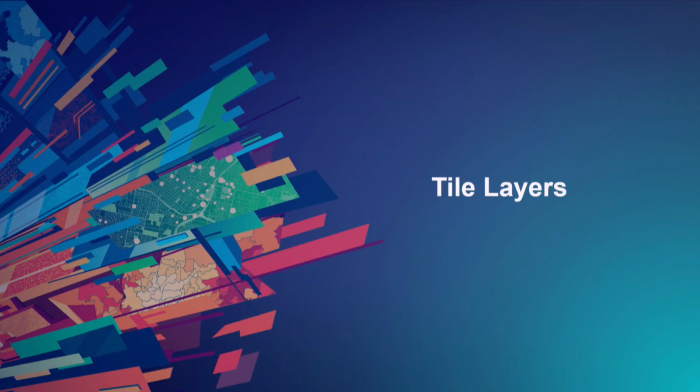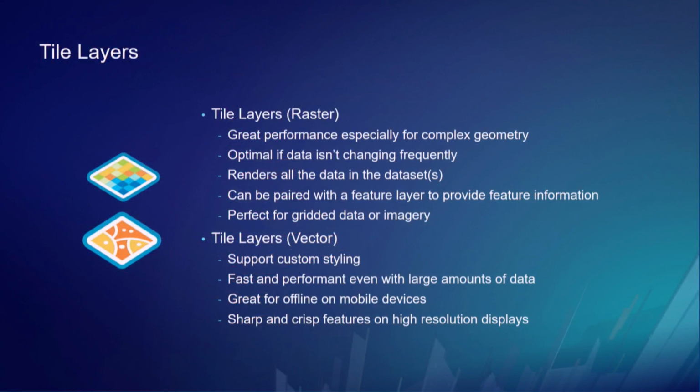Tile layers, as Jeremy said, come in two flavors, raster and vector. So raster tiles have been around for a long time. They perform really well, even for complex geometry. They're optimal if the data isn't changing. You can take a long time to cook tiles and regenerate them if your data is constantly changing.